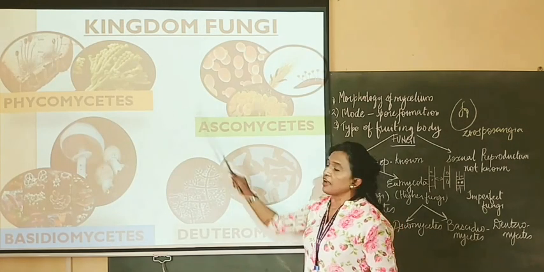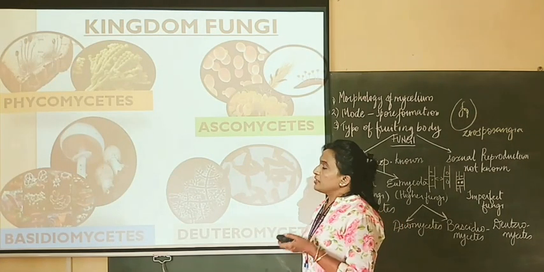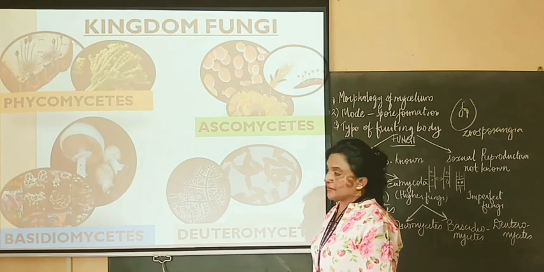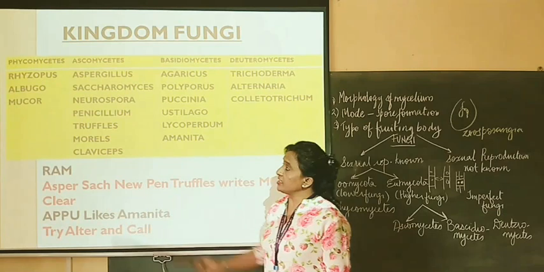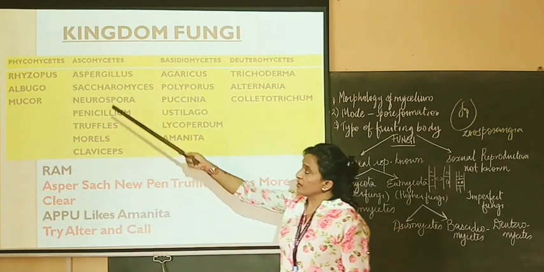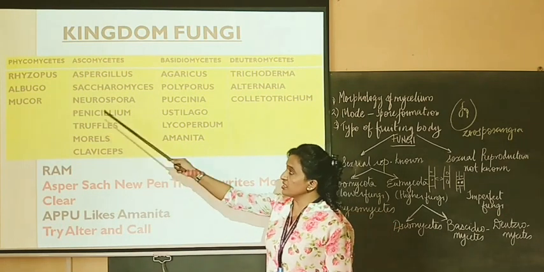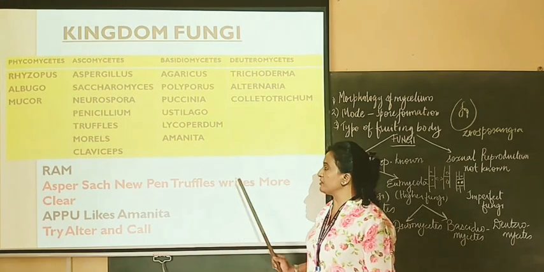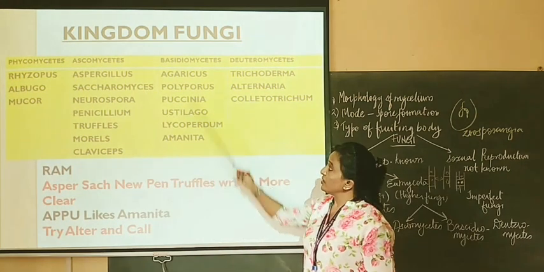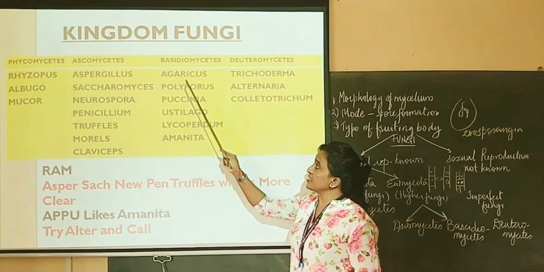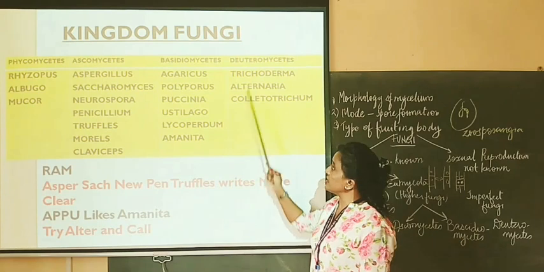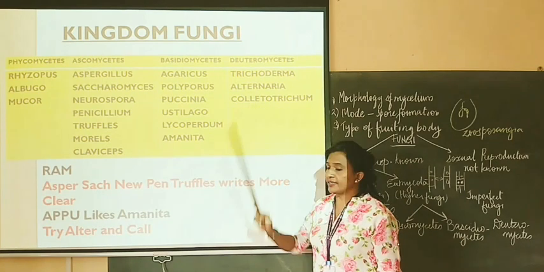So here we have discussed the four different classes coming under kingdom Fungi. And these are the various examples coming under Phycomycetes, Ascomycetes as per the mnemonic, then under Basidiomycetes "up to likes amanita", and for Deuteromycetes tri, alter and col.